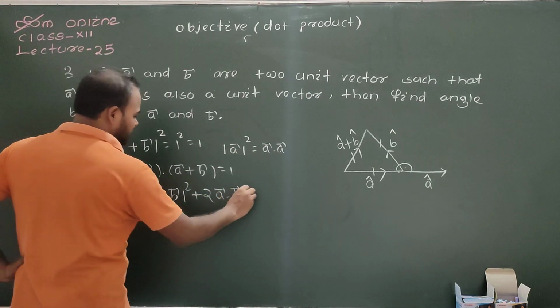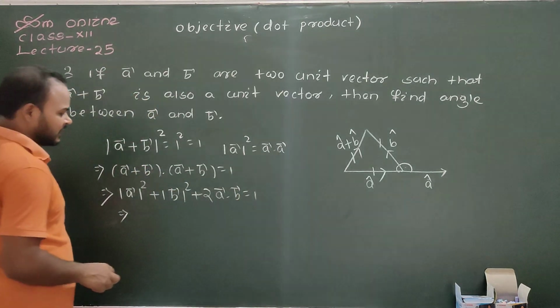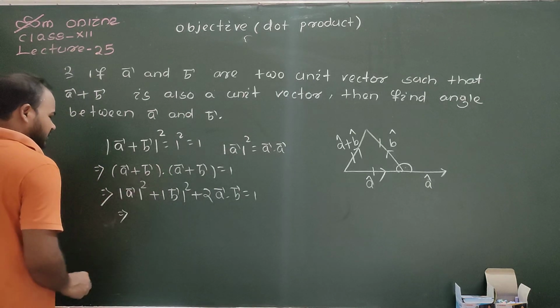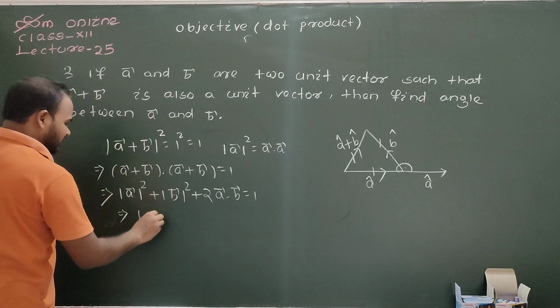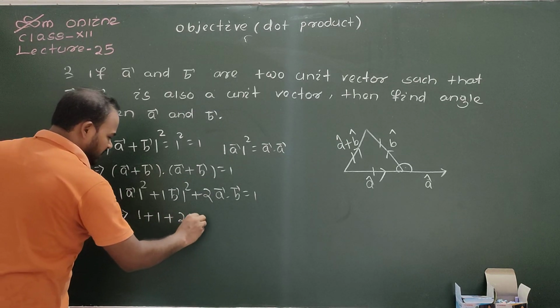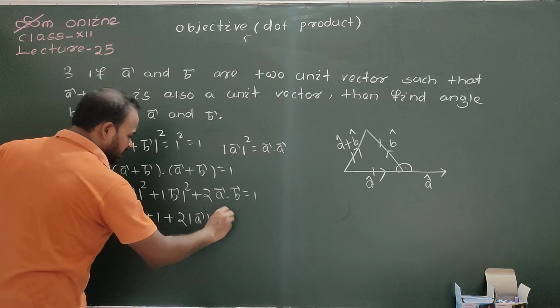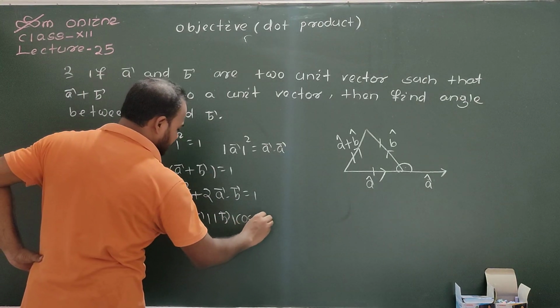equal to 1. The magnitude of A is 1, as it is a unit vector, and this is also 1. And this equals 2 into magnitude of A into magnitude of B, and let theta be the angle between them, that is cos theta, equal to 1.